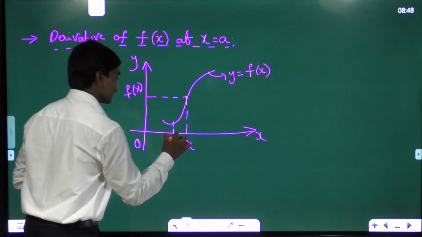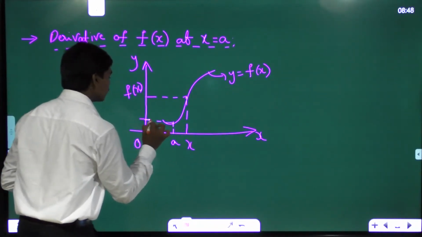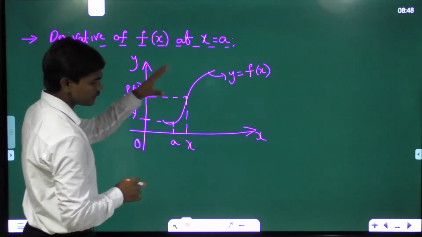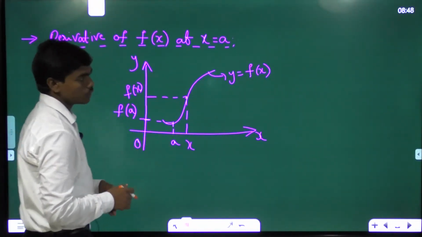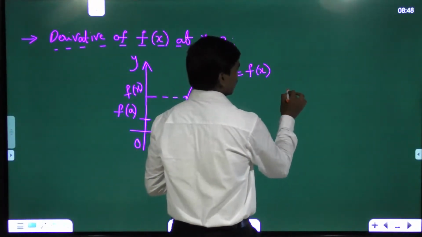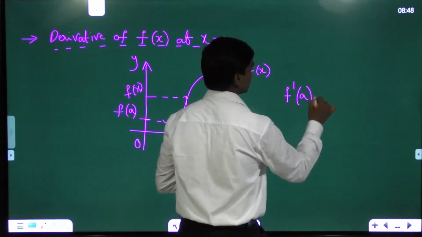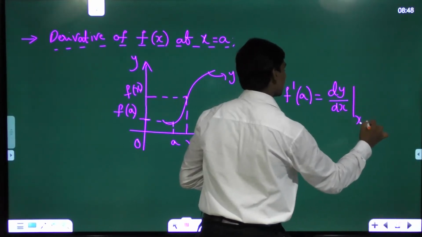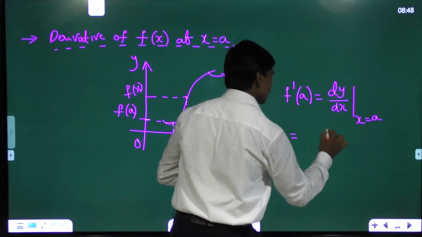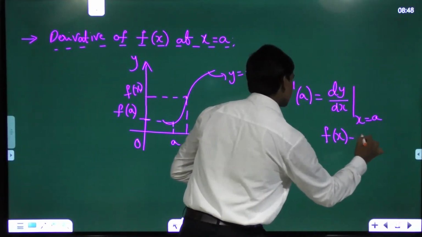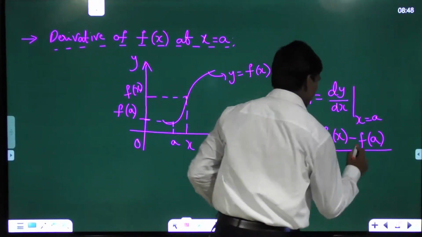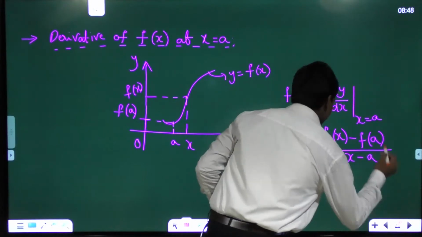And if this particular value is a, what would be this value? f of a. Now, if I want to find the derivative of f of x at x is equal to a, or at x tends to a, f dash of a, which is the same as dy by dx at x is equal to a, is equal to f of x minus f of a, because the change in y is f of x minus f of a, divided by the change in x, which is x minus a.